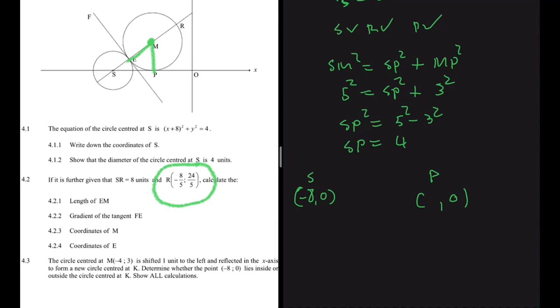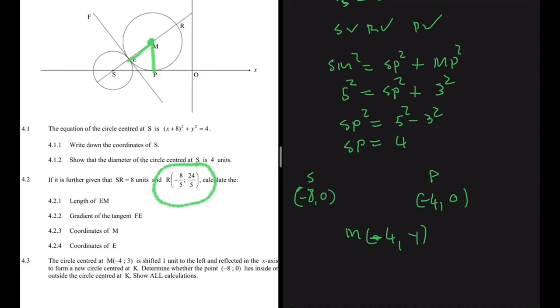It should be clear that the only possible value of P such that SP is equal to 4 is minus 4, right? The distance from S to P will be 4 if the x value of P is minus 4. So now we have found the x value of our coordinate M. It's minus 4 and some y, which we do not know.